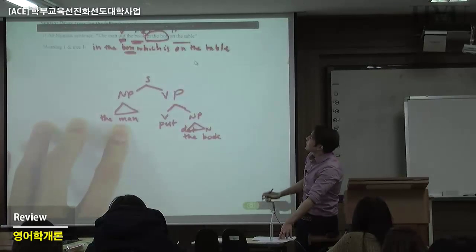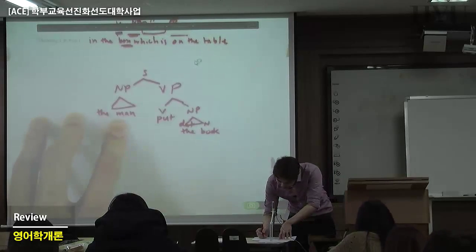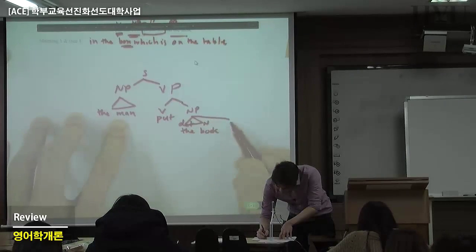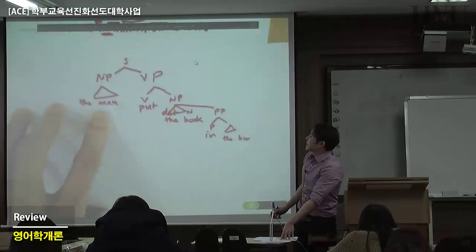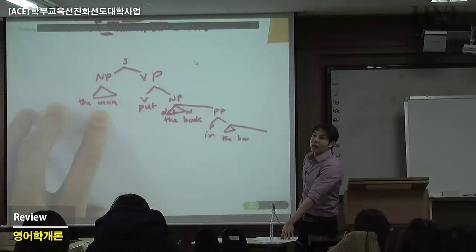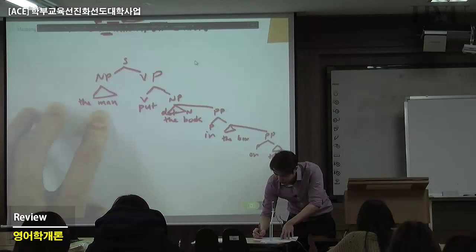And in this case, in the box, PP, P in the box, right? And it's the box that's on the table, so it will modify the word box. Okay, so we have PP, P on the table like that.